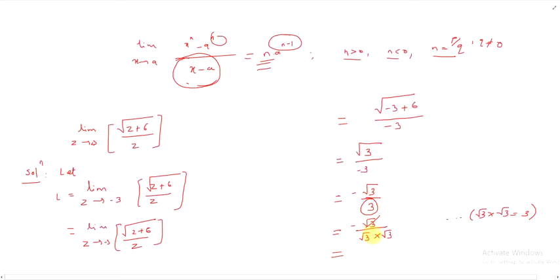So one root 3 gets cancelled from numerator and denominator, and our required answer is minus 1 by root 3. That is, L is equal to minus 1 upon root 3. This is our required answer.